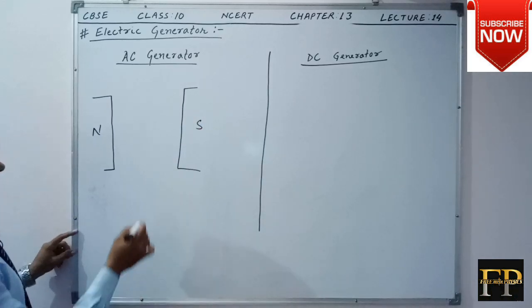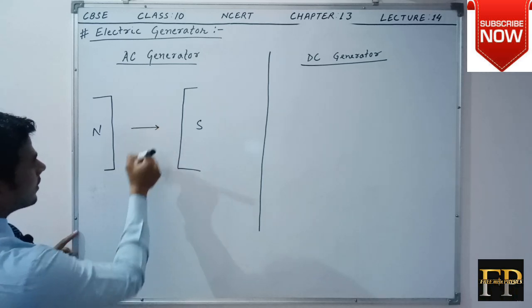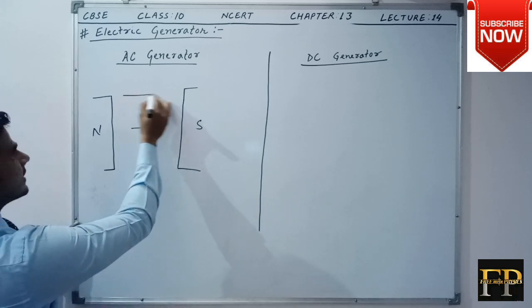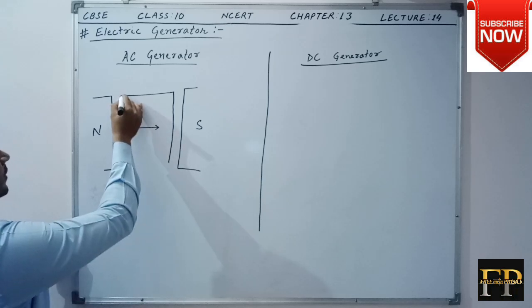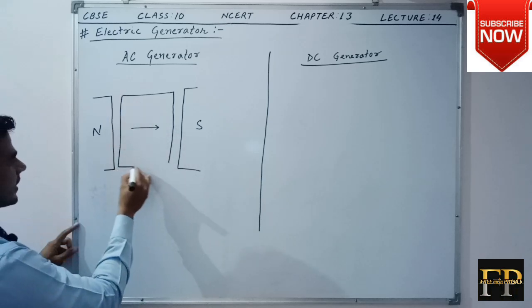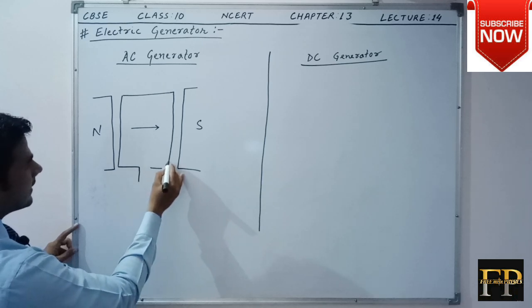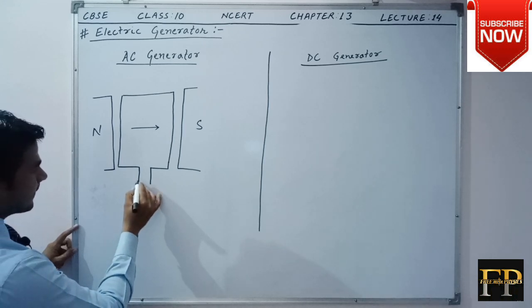And we know that the direction of the magnetic field is from north to south. We have to place a rectangular coil of a large number of insulated copper turns in between the north pole and the south pole of these two magnets.